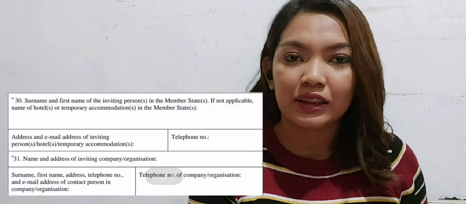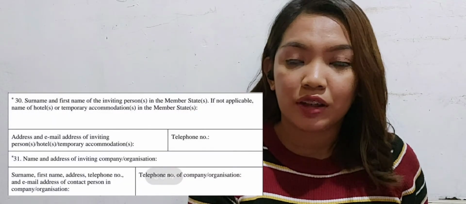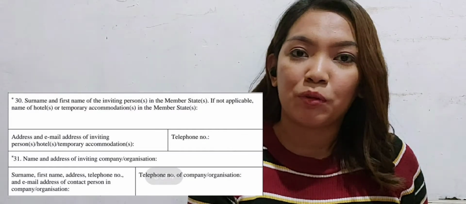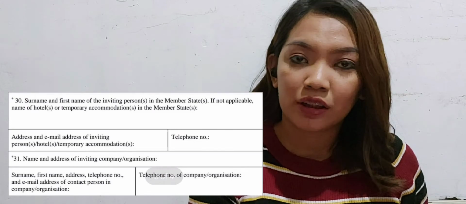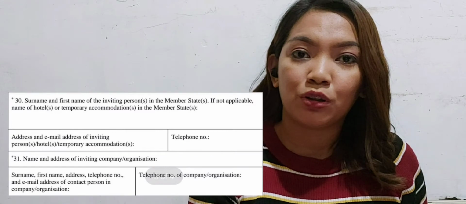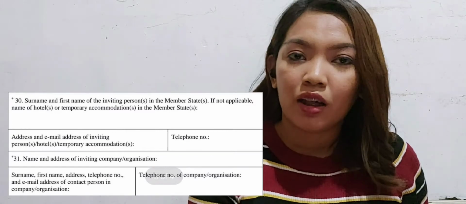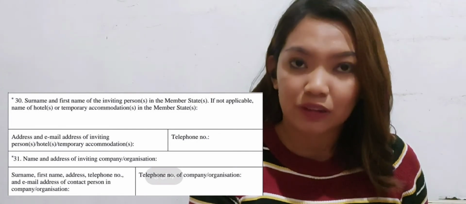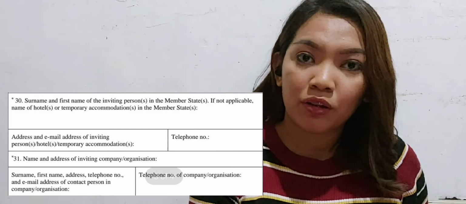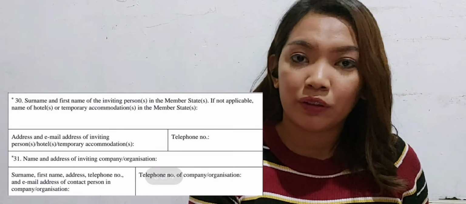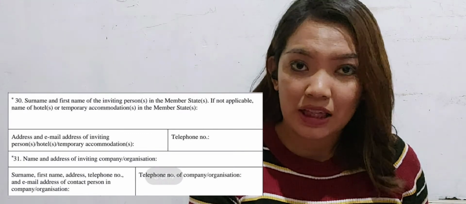All right. So for number 30, it's asking for the surname and first name of the person inviting you. But if you're purely traveling by yourself, then you can just put in the hotel name that you're going to be staying in. Below that, it's going to ask for the address, email address, and telephone number of the person inviting you or the hotel that you are going to be staying in.